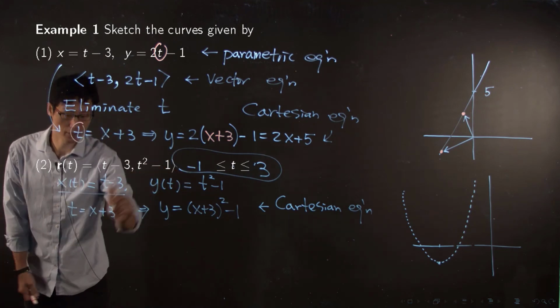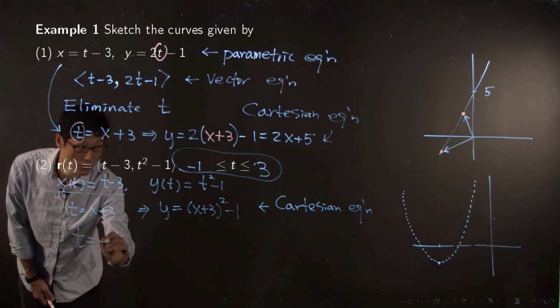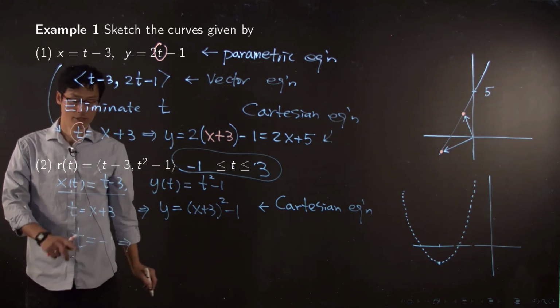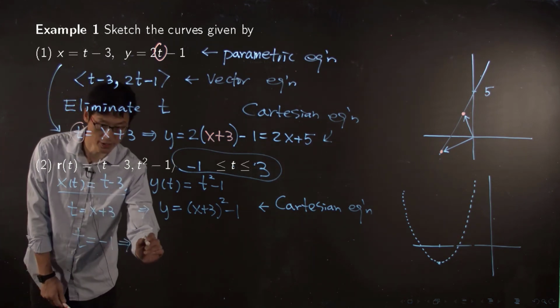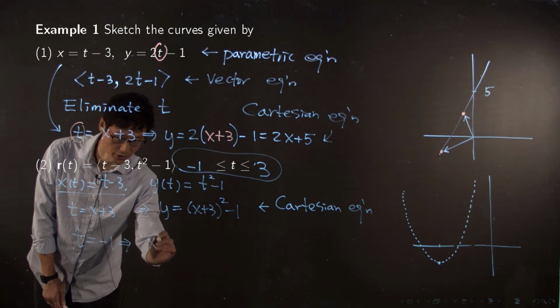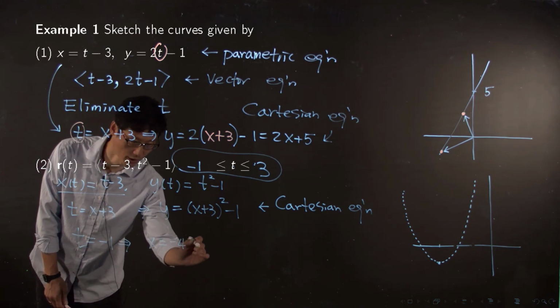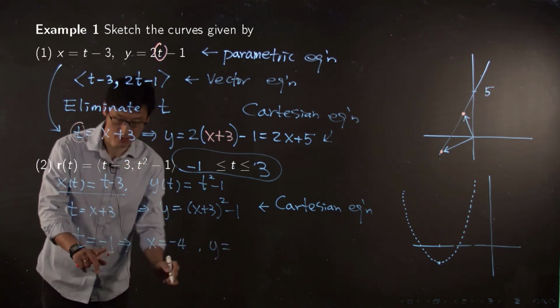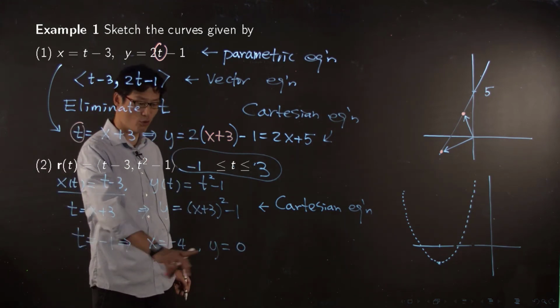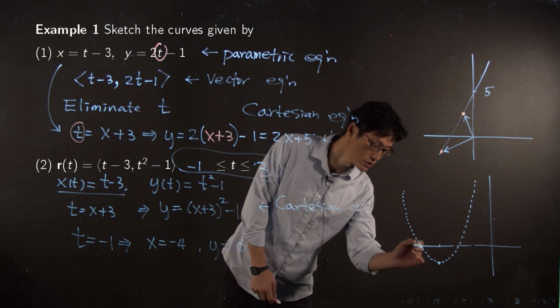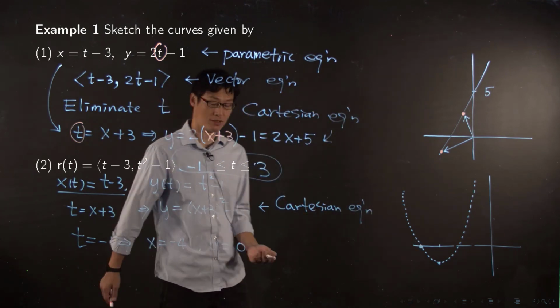So for this first value, t equals negative 1. If you plug that into this x, we have x equals negative 4. And if you plug that into this y, we have 0. So we have (negative 4, 0), which is one of the x-intercepts.